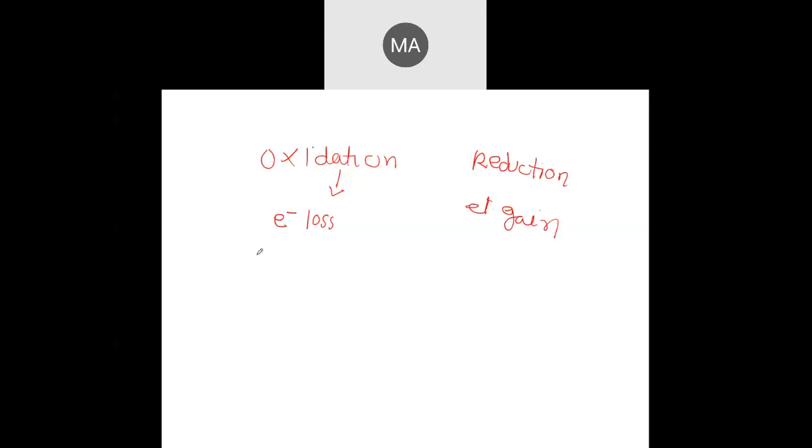The species who lost the electron becomes oxidized, and the substance or species who donates electron is called reducing agent. In case of reduction, just opposite. So the species is reduced, and the species or substance that accepts electron is called oxidizing agent.